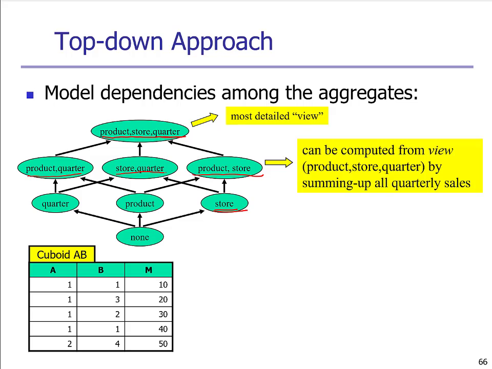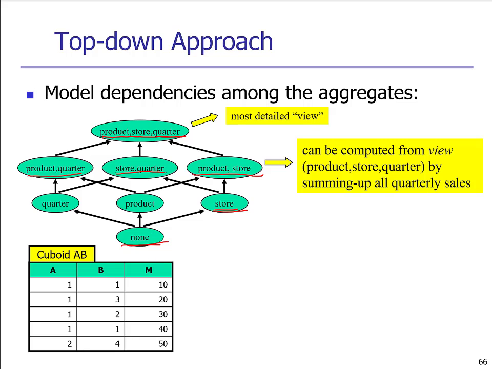If you do the aggregation on quarter from the store quarter cuboid, you will get the cuboid of store as well. And for the others as well. And for this one, you can choose any one of these three and do the aggregation, and you will get the 0D cuboid.